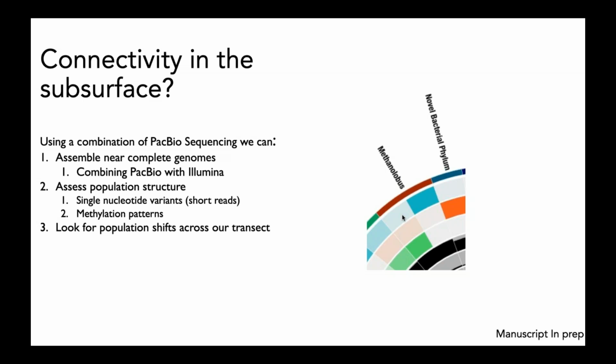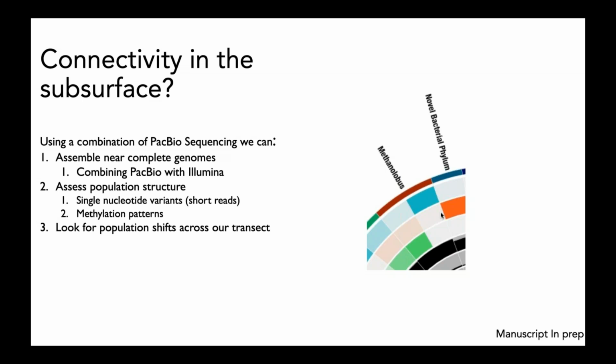And so what we're really interested in is using methylation patterns that we could get from the PacBio sequencing to look at population structure of these microorganisms that are thriving in this subsurface environment. And more importantly, many of these genomes are fragmented, right? I think this is a big problem with Illumina sequencing: some of these genome bins will have anywhere from 5 to maybe 300 contigs within them.